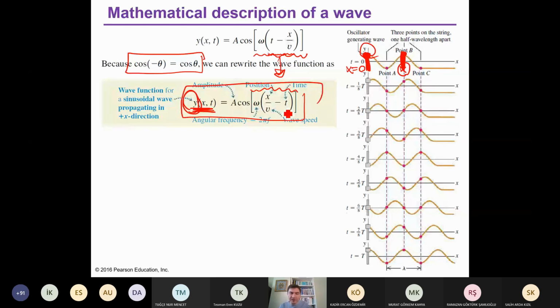x is the position of the particle, this x coordinate, and v is the wave speed. Here we have omega, the angular frequency, which is given with 2 pi f. Is this part clear?